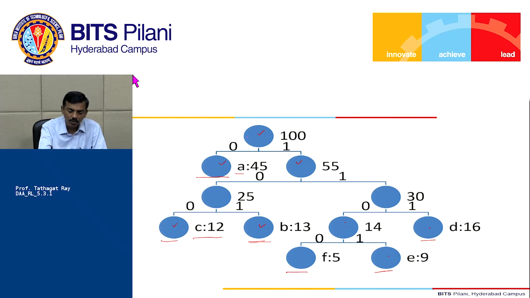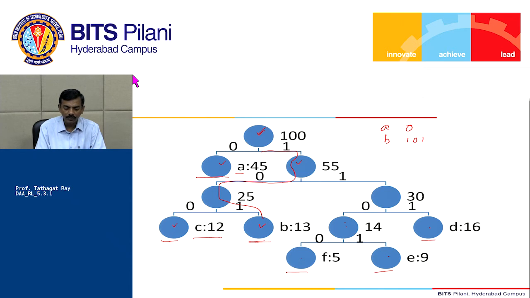The corresponding code word is nothing but the bits on the edges. So let's say A. What is the code word of A? From the root, to come to A, it is 0. So for A, it is 0. For B, I will come like this, so this is 1, 0, 1. So the code word for B is 1, 0, 1.